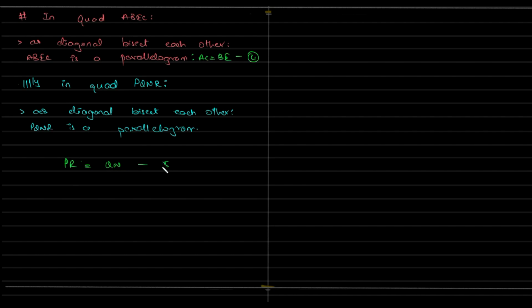This is equation 5. The reason being, opposite sides of a parallelogram are equal. You need not write the reason again, it's by default understood. My writing is a bit messy over here, but hopefully you understood.